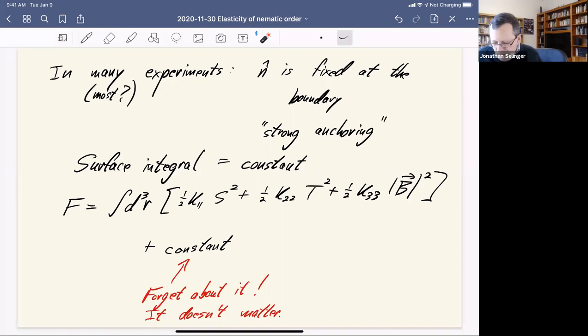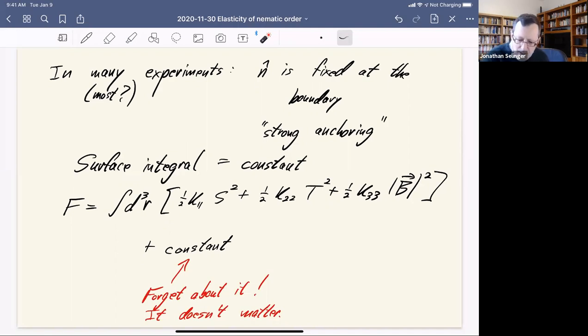And it is occasionally important in certain liquid crystal problems where there is not such strong anchoring on the surfaces, but not in the majority of problems. Okay, that is my story about how you get to an elastic free energy.